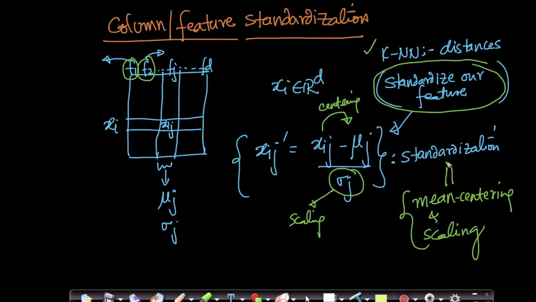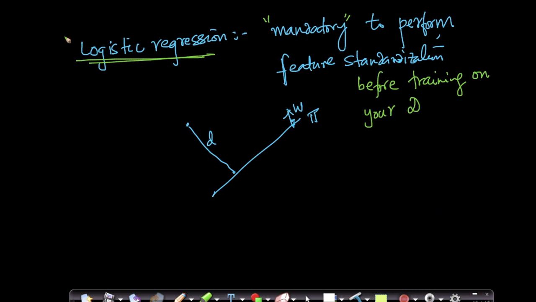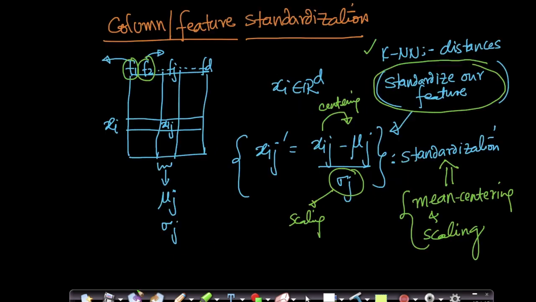It simply means data standardization that we saw earlier. And just like k-nearest neighbor, in logistic regression also it is mandatory to perform feature standardization, because effectively what we are computing is distances, and distances could be impacted by the scale of the features. Hence, by doing this, all features will be brought into the same scale.